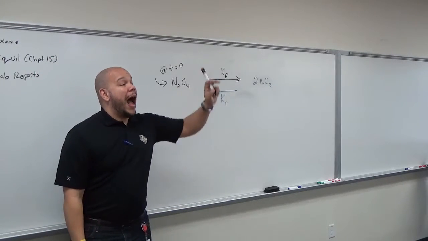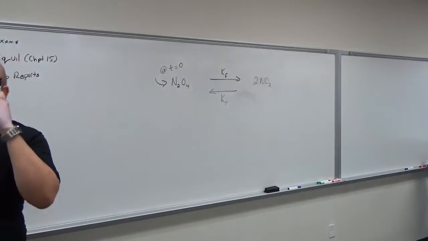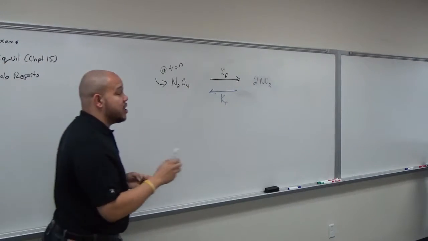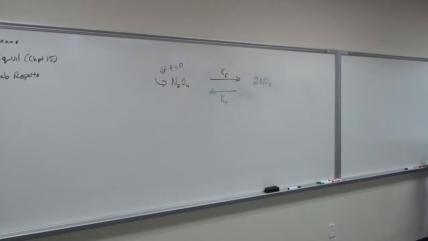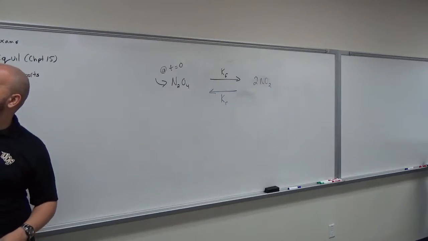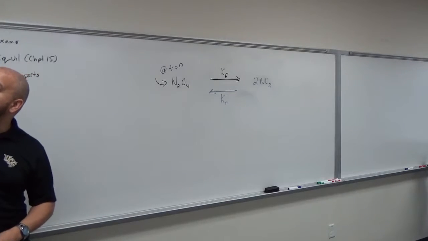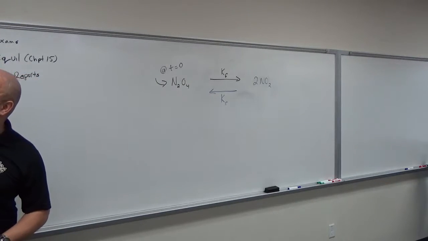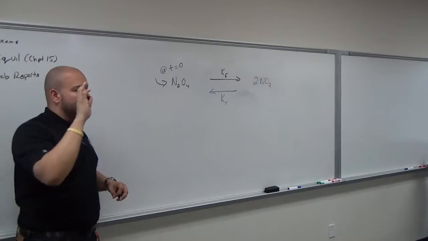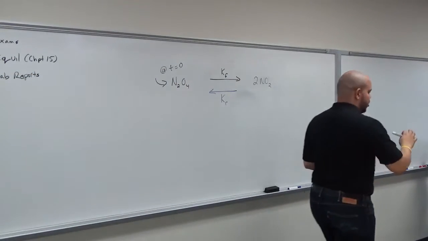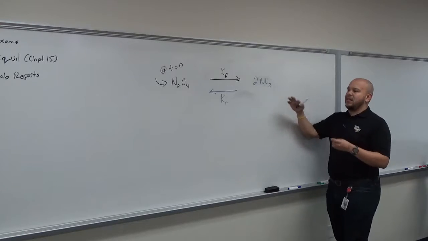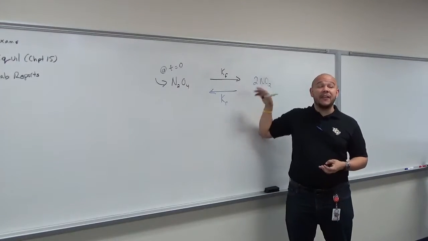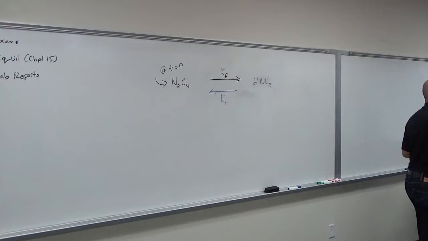Now, I've been using a lot of kinetic terminology, and eventually I'm going to stop because concentration doesn't change. But notice here, the rate of Kr times this is going to be the same as a function of time. They are converting back and forth at the same exact rate, but Kf and Kr may not be equal.